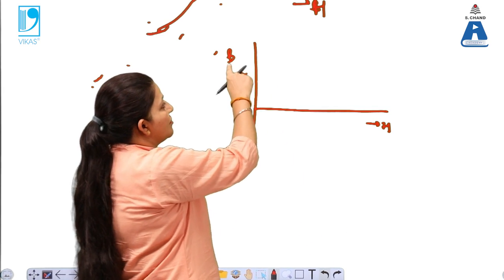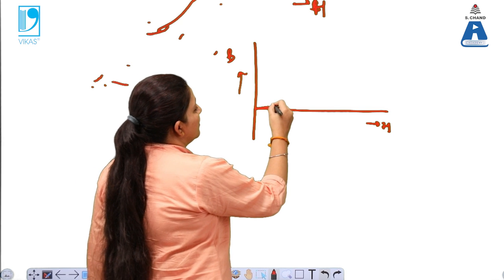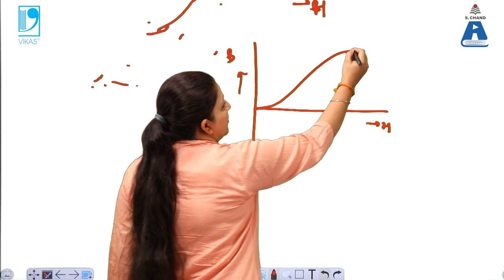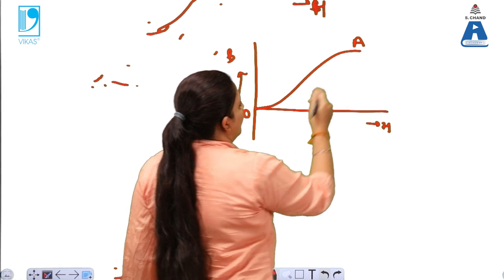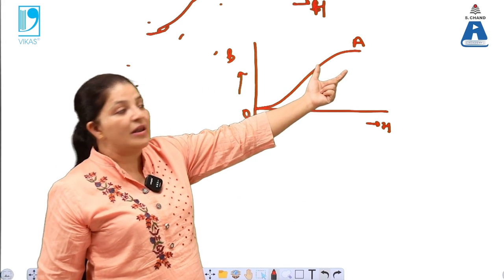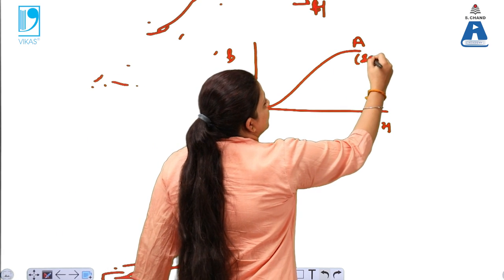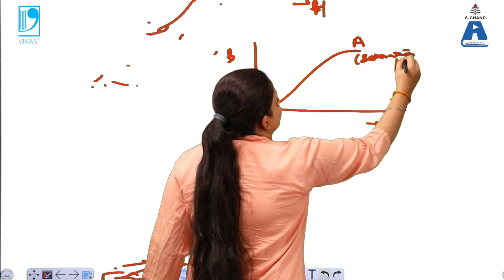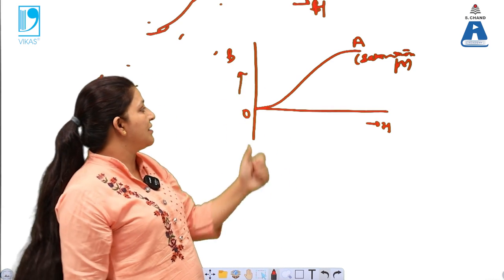As H goes on increasing, the magnetic field in the material goes on increasing like this, along O and A. Now at point A, B reaches the maximum value, which is known as the saturation point. This is the maximum value of the magnetic field that can be achieved by the given material.